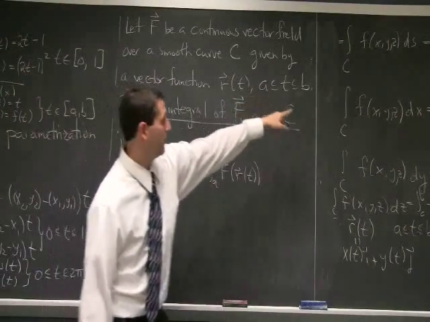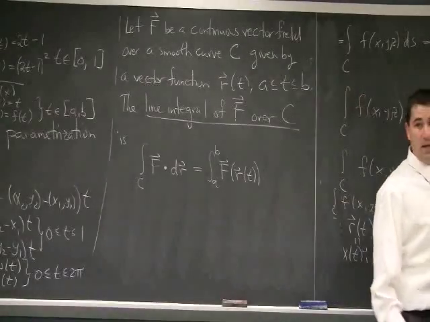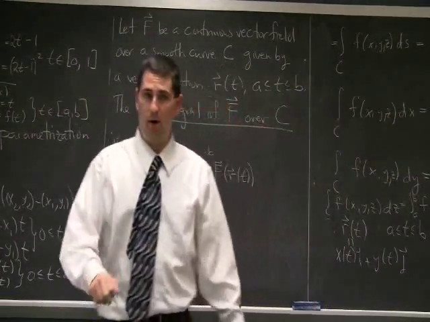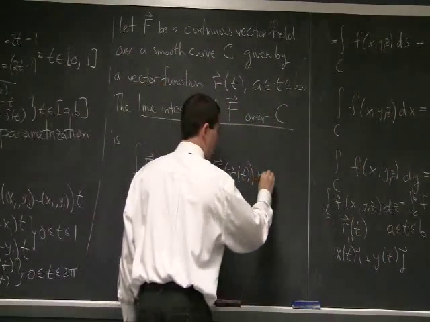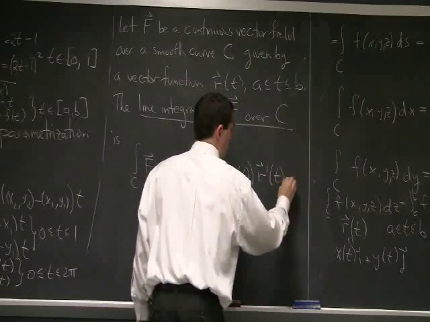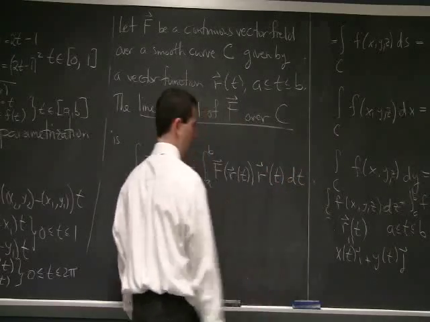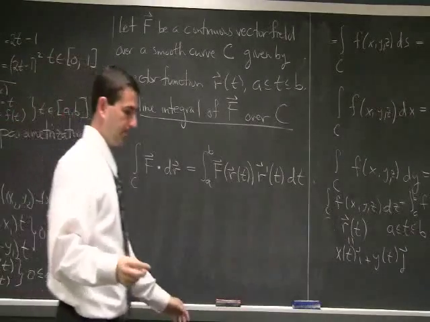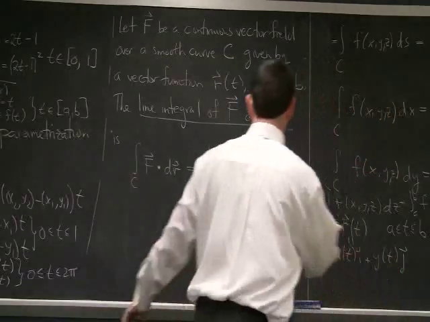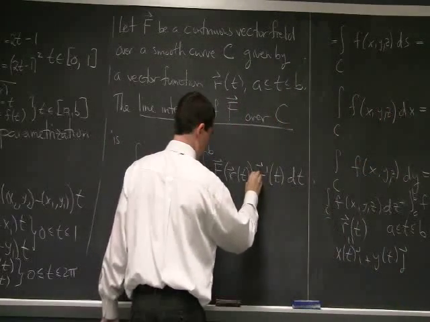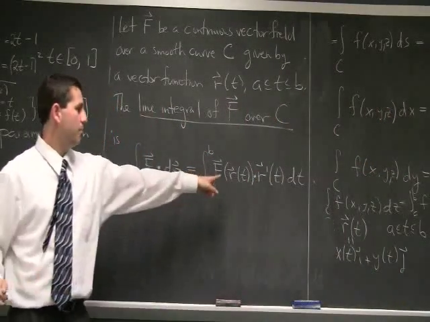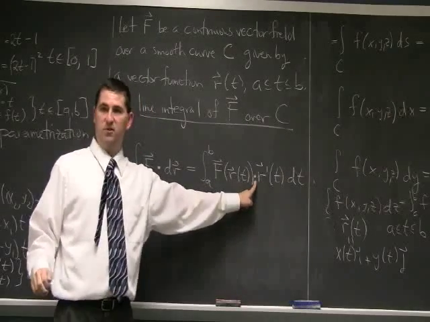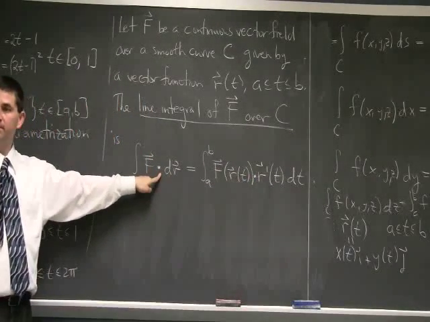Okay, so just as we evaluated the function at r of t, we evaluate the vector field at r of t. And then we're going to multiply by the derivative of r. And we're not taking the norm here. I should say, this is really the dot product. And it's this dot product that's justifying this notation.